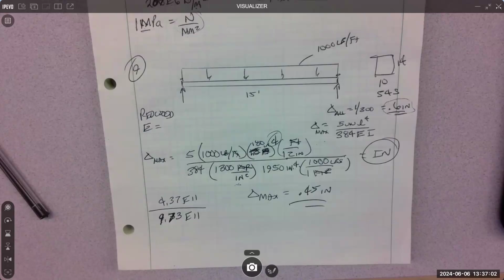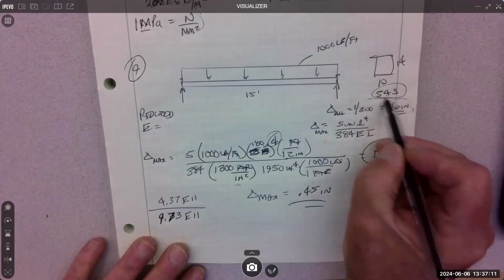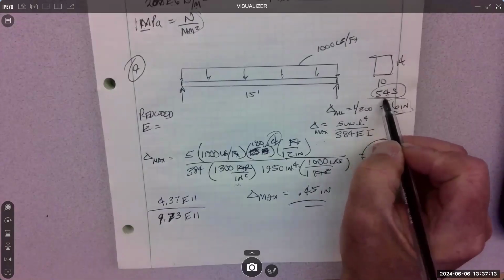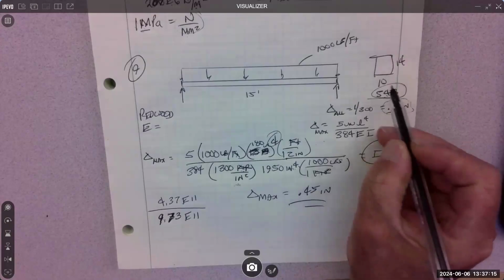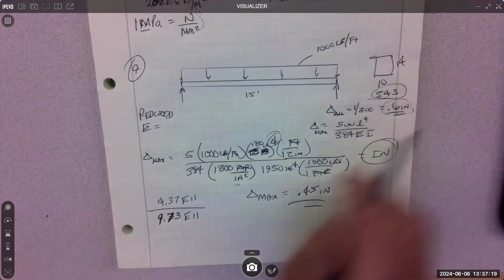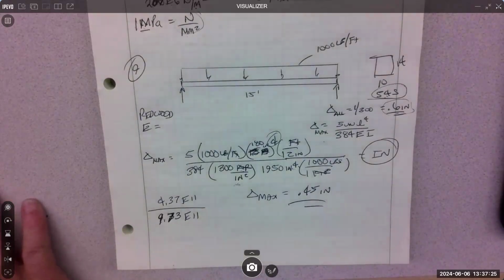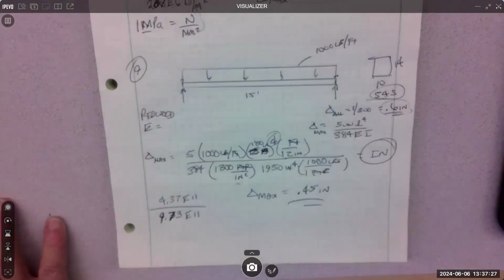Oh, yeah. 1,950. And that's the S4S thing. S4S means go to the back of the book. It means it's not really 10 by 14. It's 9.5 by 13.5, because the timber industry is trying to be complicated, so only engineers can run the numbers and nobody else.